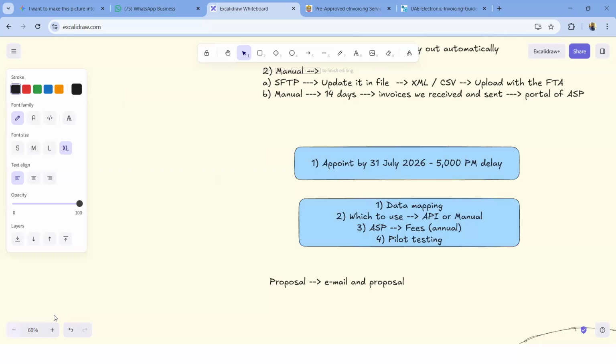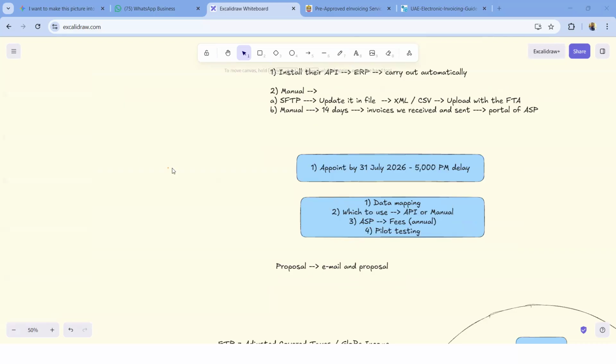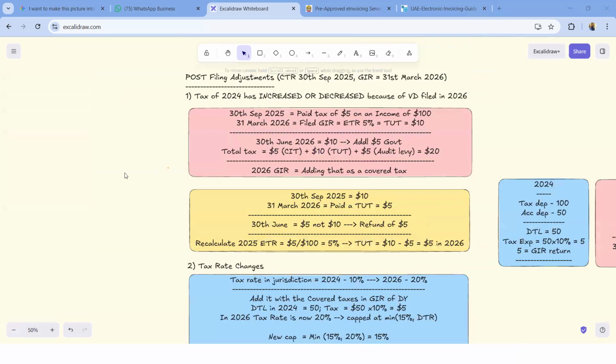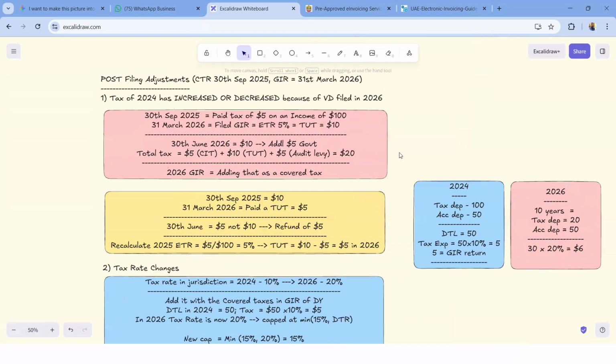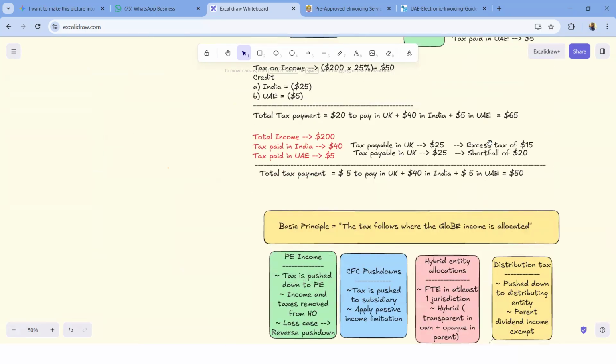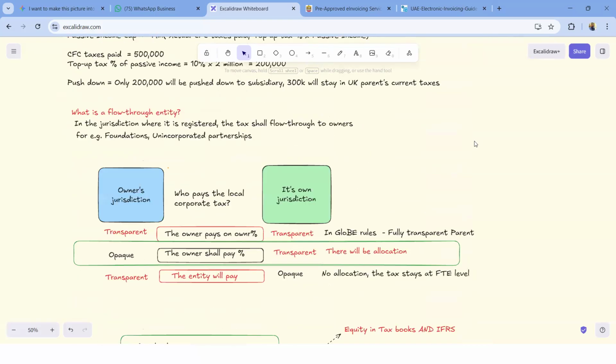If you go back to our example, you remember this?